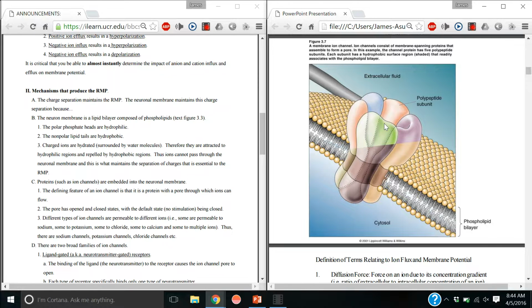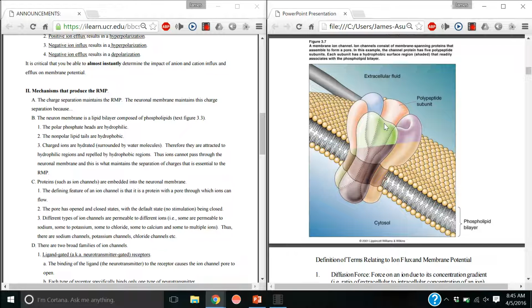But as the membrane potential became depolarized, say from minus 65 millivolts to minus 55 or minus 40 millivolts, that depolarization would cause the voltage-gated ion channels to pop open.